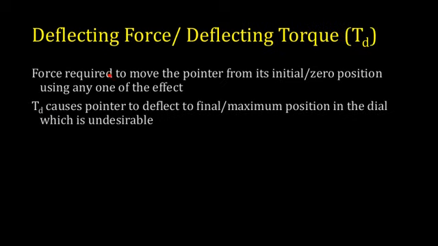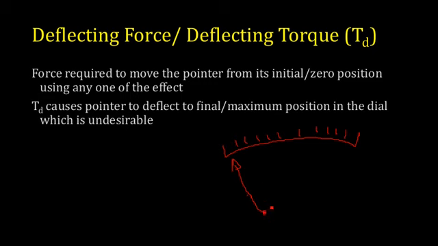Now the deflecting force is required to move the pointer from the initial or zero position, and it makes use of any one of the effects listed earlier. The deflecting torque causes the pointer to deflect to the final position on the dial. You have a dial like this, and this is the initial position of your pointer.